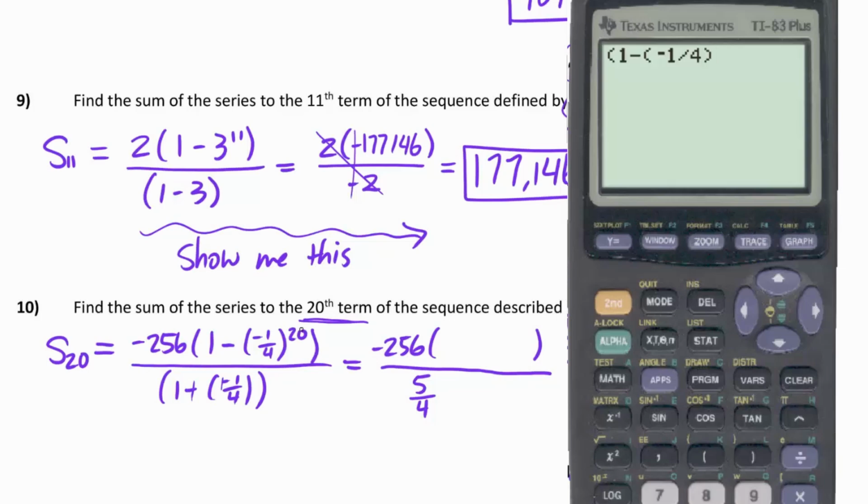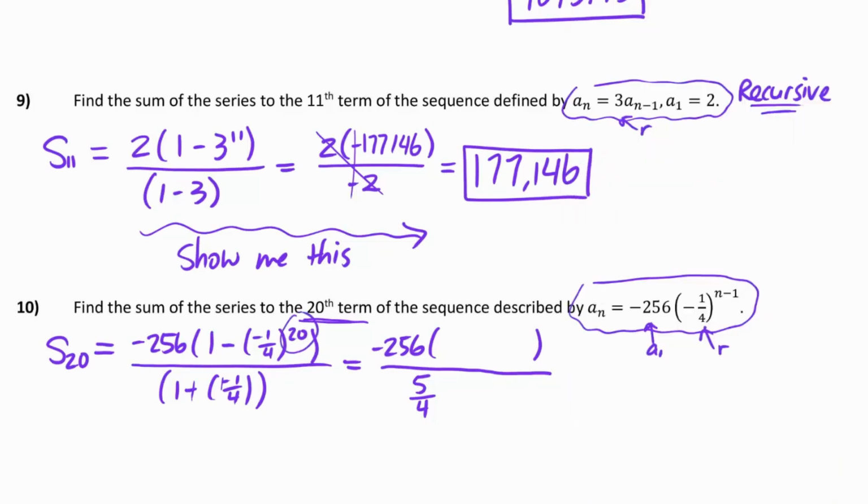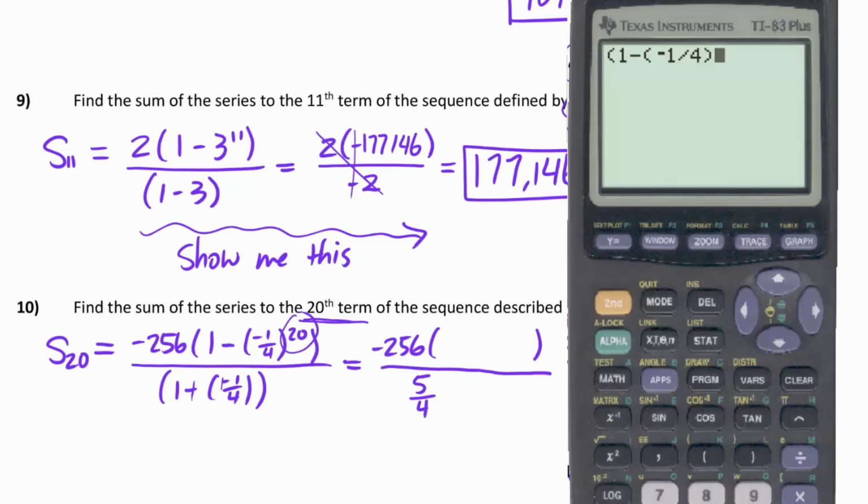A negative value, if I raise it to an even exponent right there, should produce a positive, because it's an even amount of negatives that all cancel. So I'm going to have 1 minus something that's positive, not 1 minus a negative. So that's a pretty important fact. That needs to be raised to the 20th power, and then I'm closing that, so it's the big parenthesis at the end.